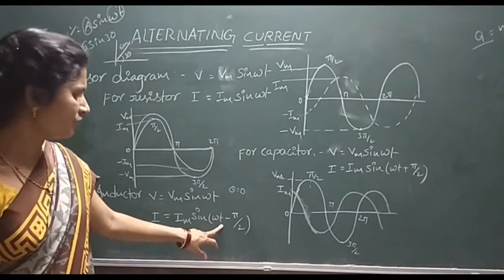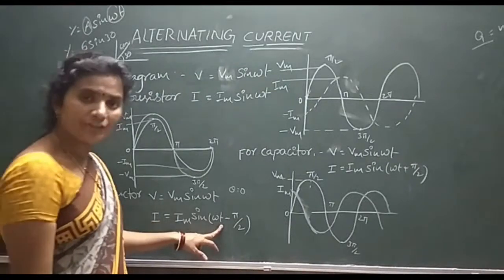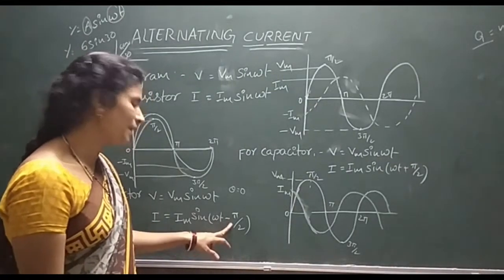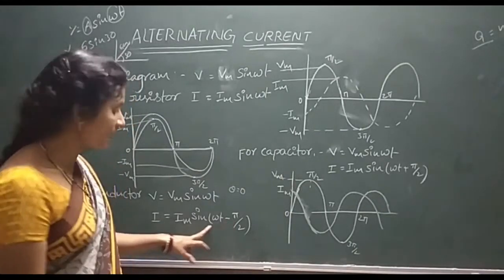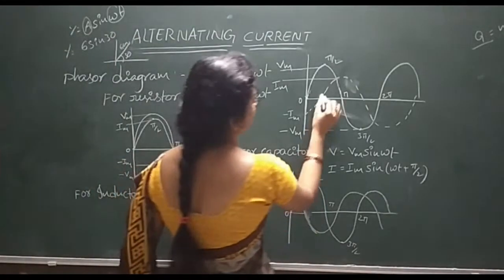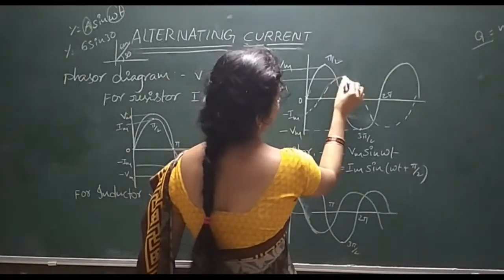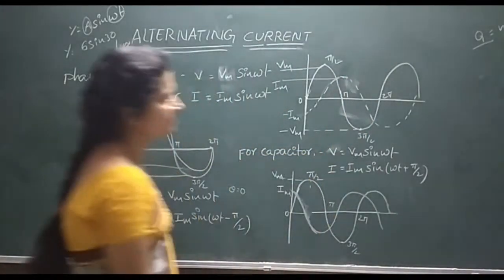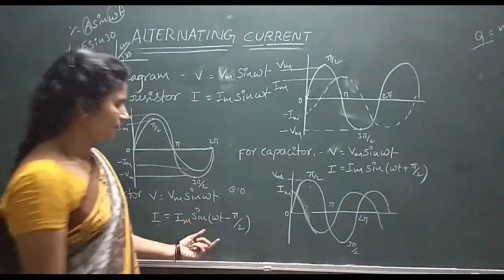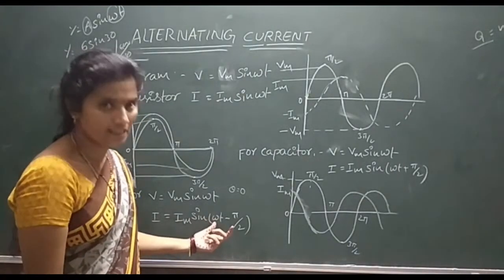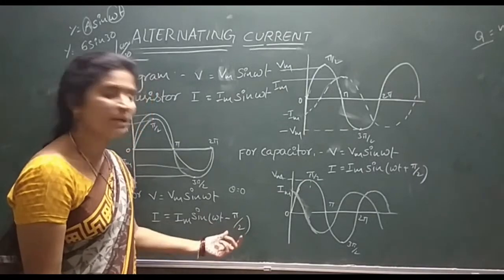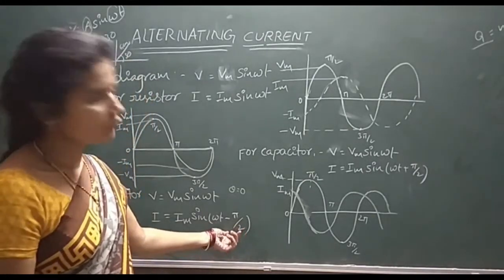Next, if it is 180, then 180 minus 90 is 90, and sin 90 is 1, the maximum value. After 180 comes 270, and 270 minus 90 is 180.